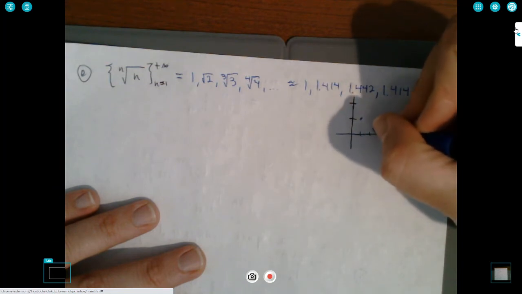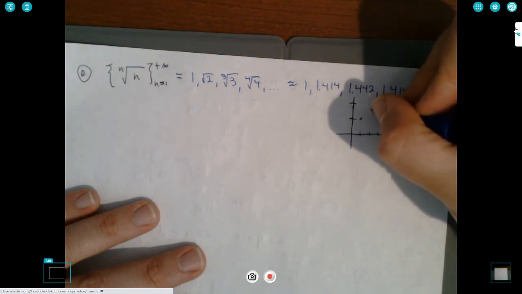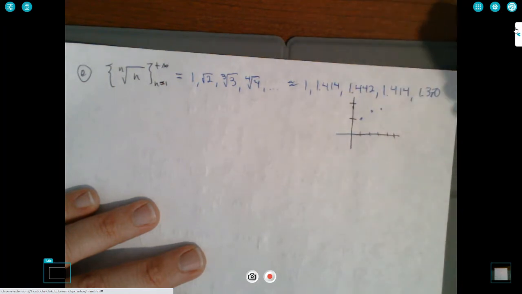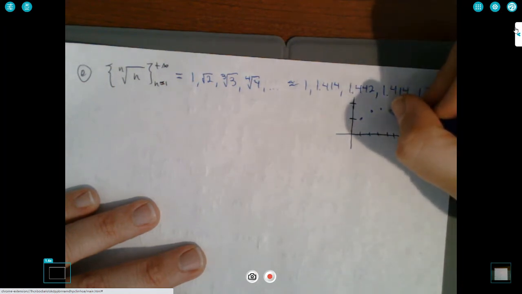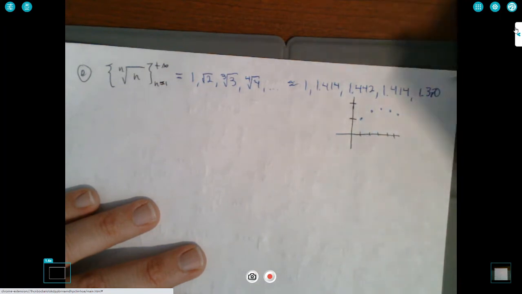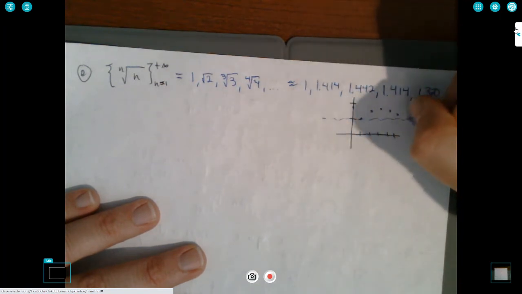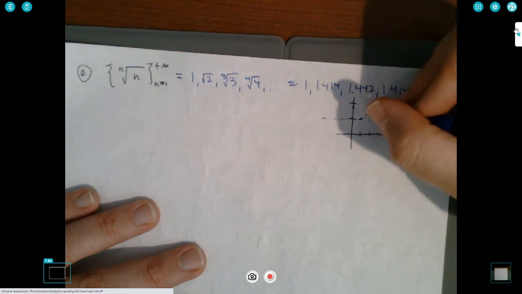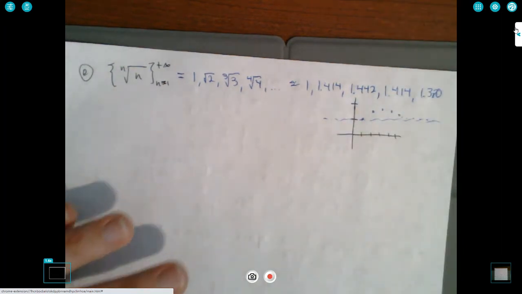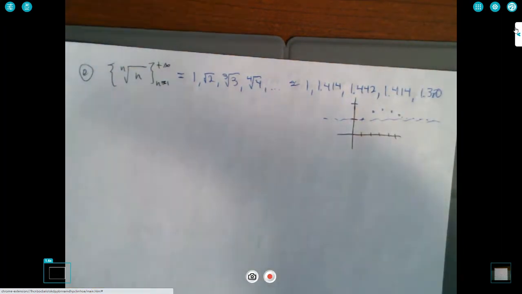Then at 2, you would come up to like 1.4. At 3, you'd get a little bigger. At 4, you'd come back down. And then at 5, you come back down a little bit more. I kind of feel like the limit must be 1. I think maybe it's going to come down and do that. But anyway, let's check it out.